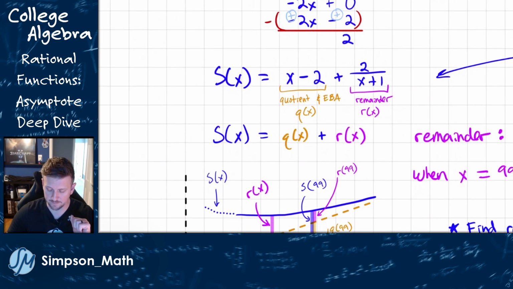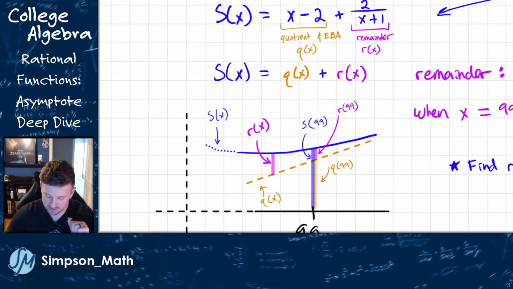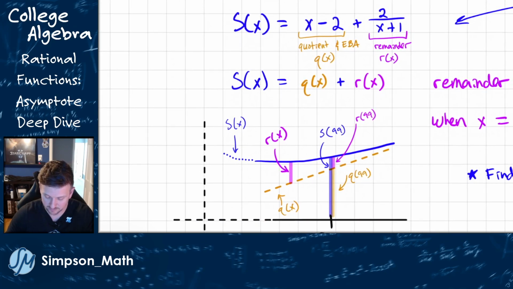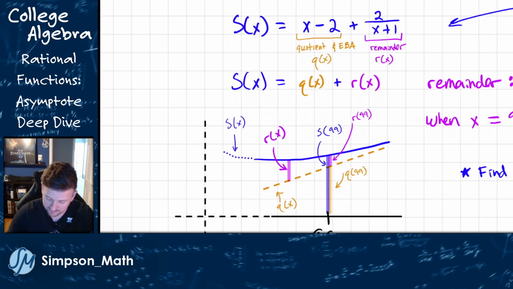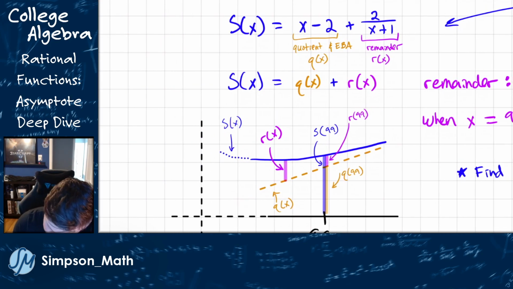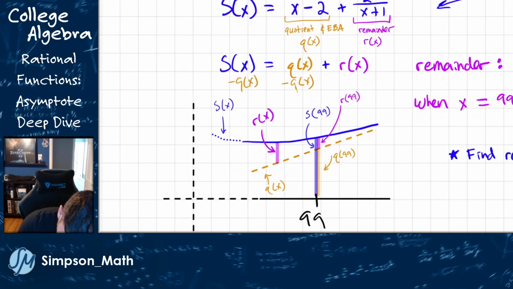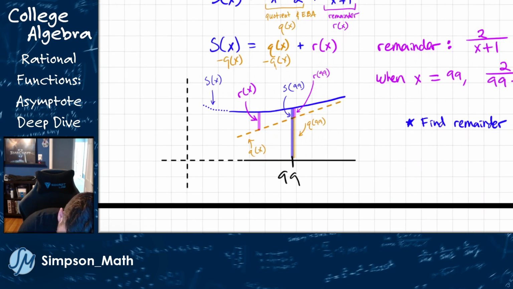So if I'm wanting to find the difference of these two, I don't think I wrote it this way, but if I subtracted q of x from both sides, notice what we're left with. I need to scooch this down just a bit.